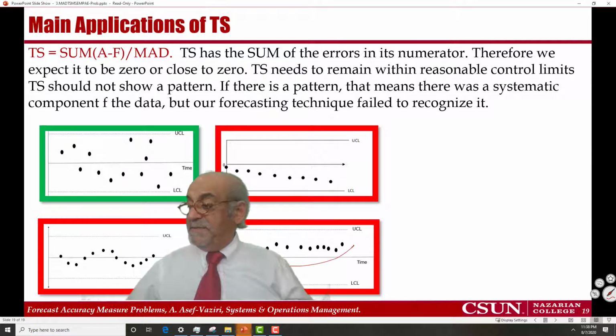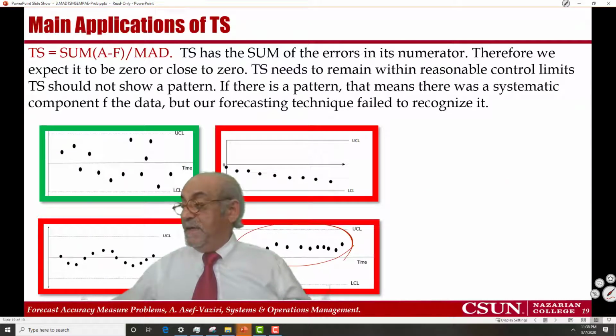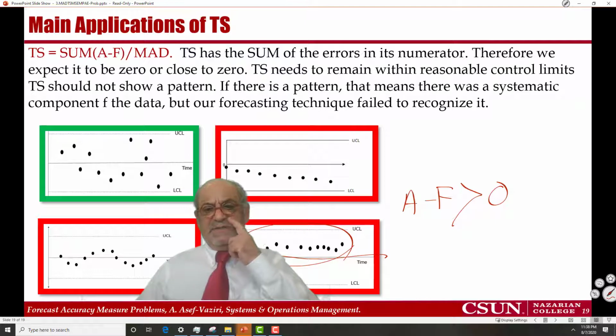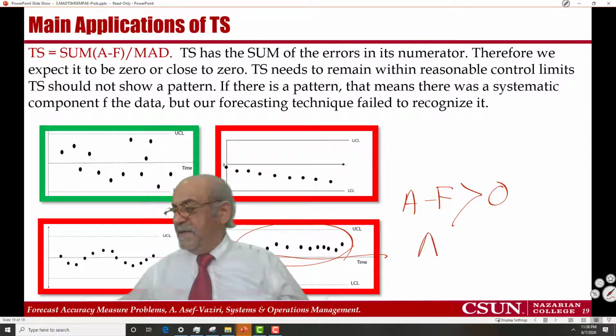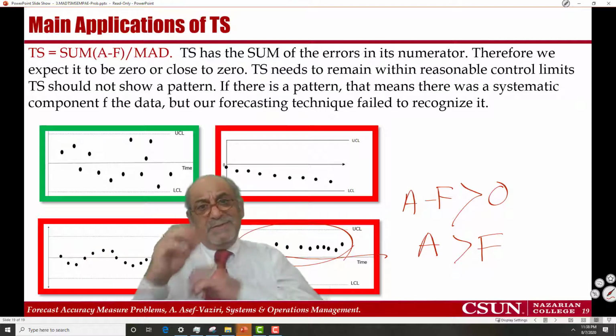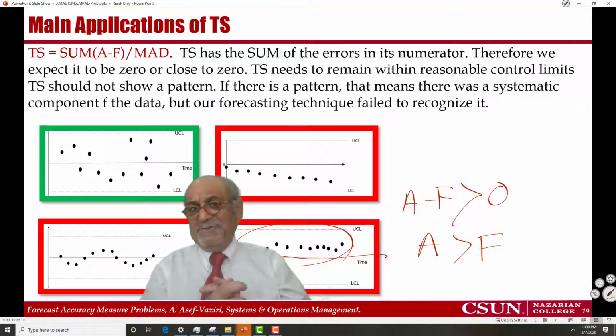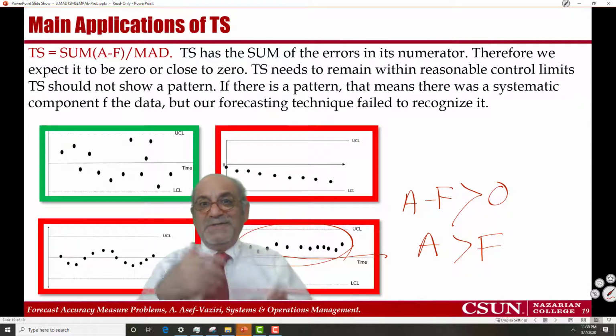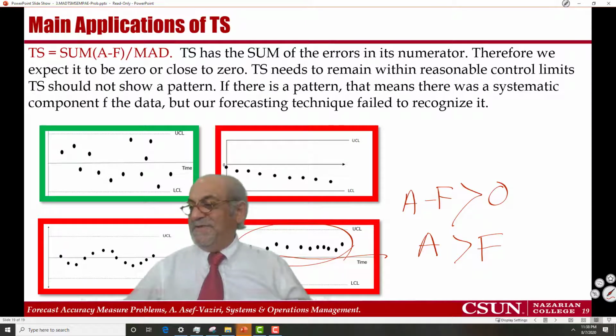What about this one? A minus F is greater than 0, because 0 is here and that is greater than 0. So that means A is greater than F. Our forecast is always less than actual value. We underestimate. Here we overestimate, here we underestimate the demand.